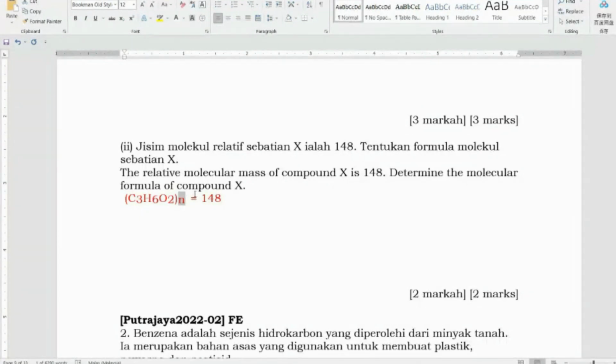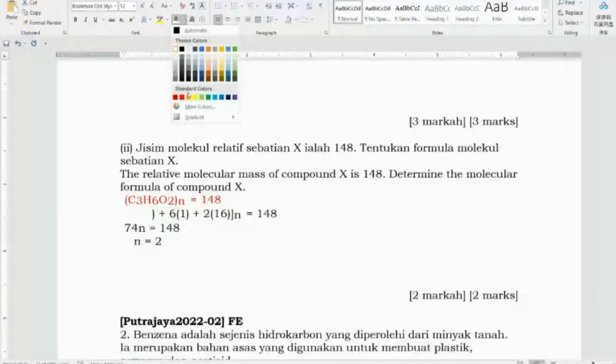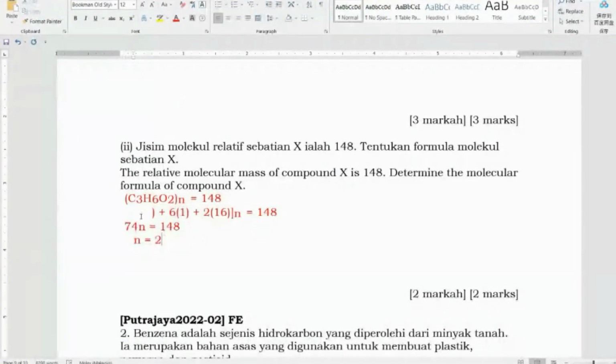What is your value of N? 2. N you get is 2. If N is 2, what is the molecular formula?